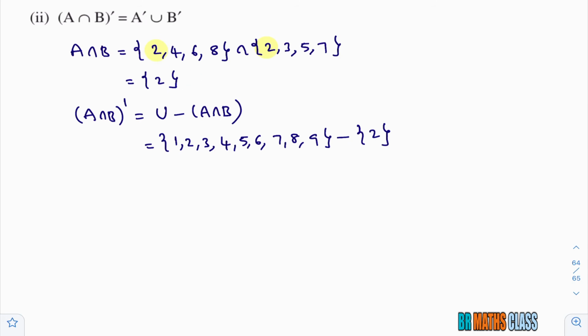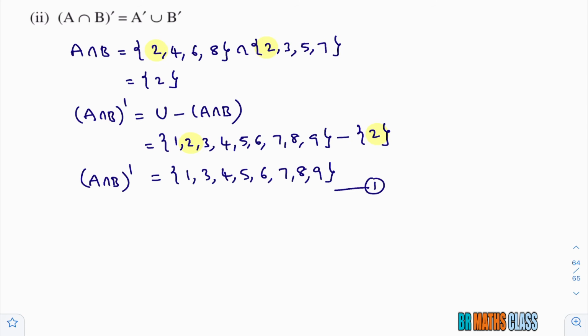Now you observe the common elements in both sets. 2 is the element common in both sets. So what elements are remaining in the first set? 1, 3, 4, 5, 6, 7, 8, 9. So A intersection B whole dash is 1, 3, 4, 5, 6, 7, 8, 9.